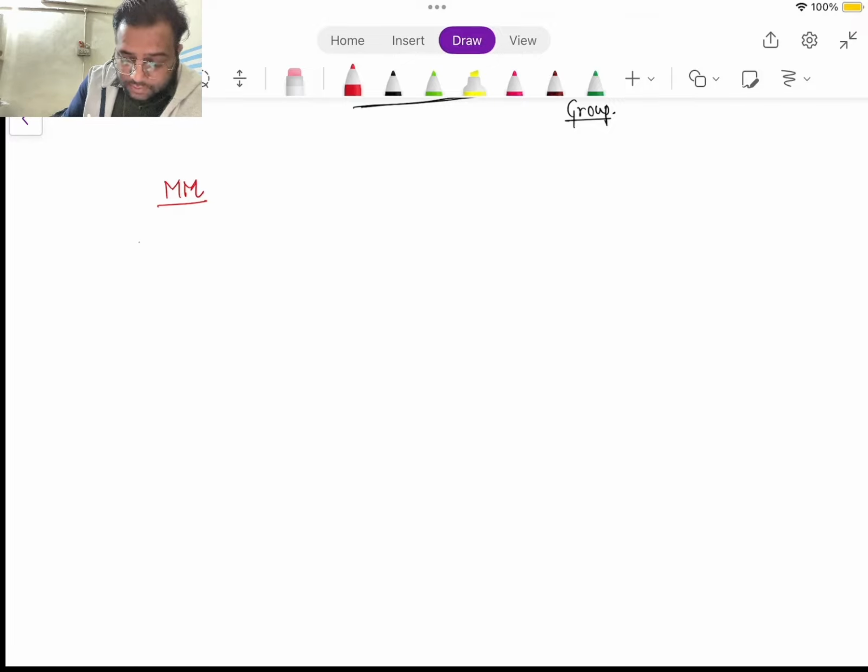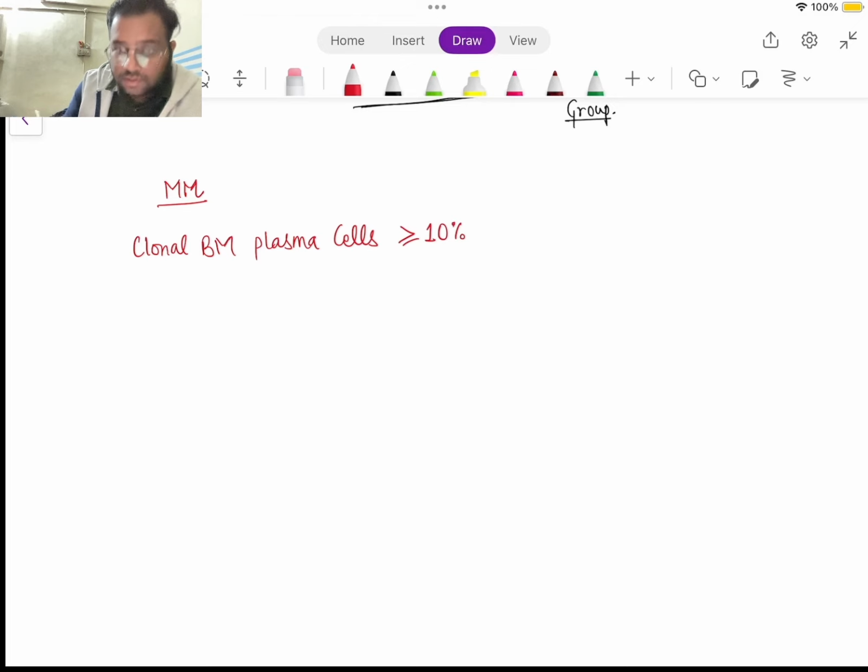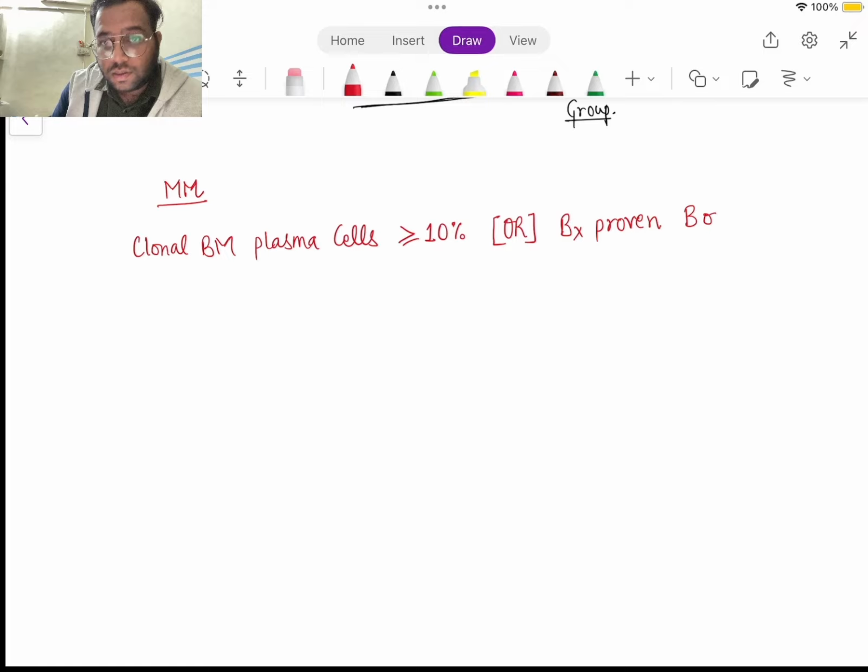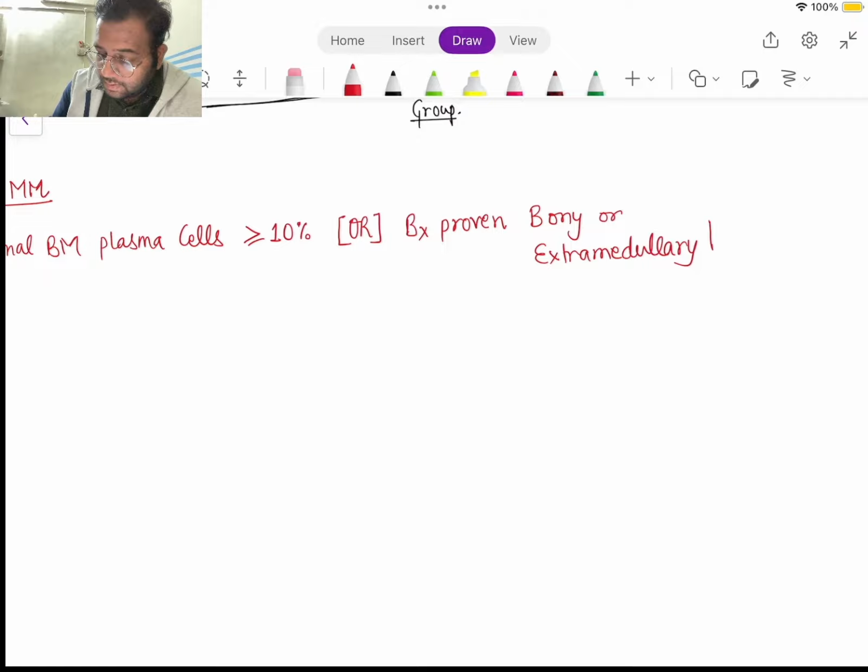We need first clonal bone marrow plasma cells more than or equal to 10%, or biopsy proven bony or extramedullary plasmacytoma.